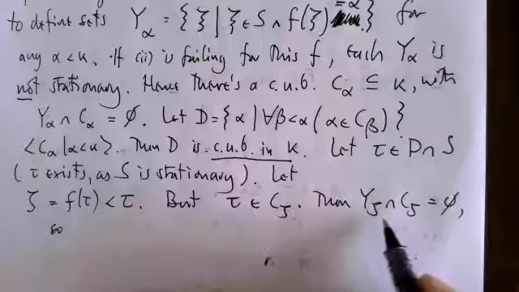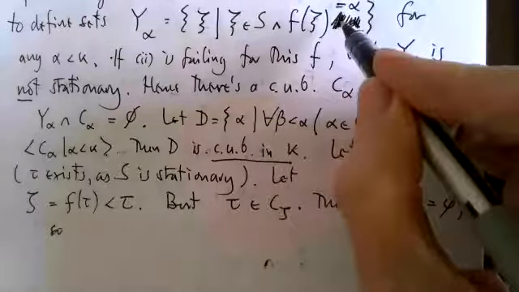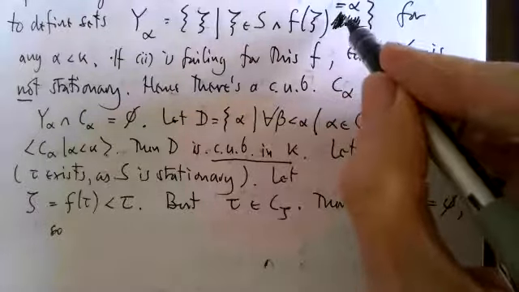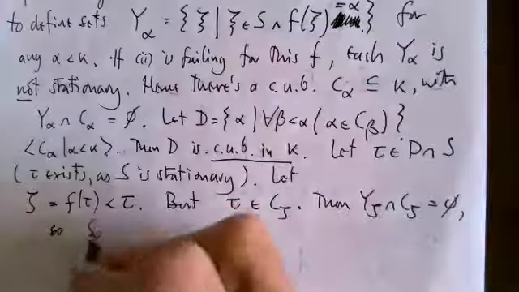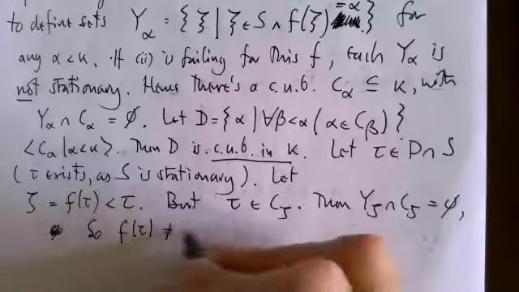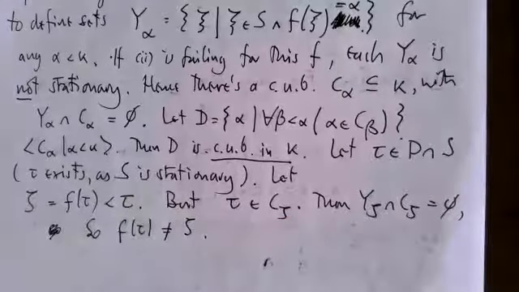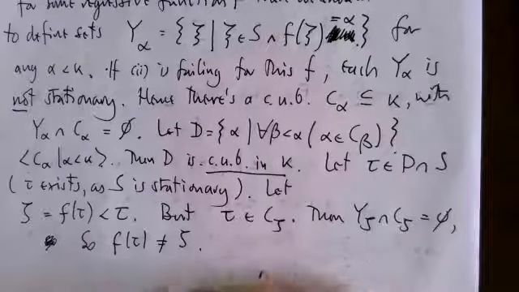If it's not in Y zeta, we can't have here that f of tau is zeta. So this is the contradiction.